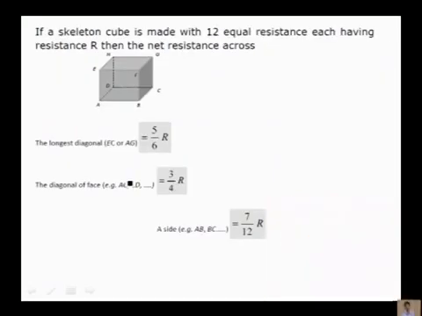Next, this is one of the most important problems. It requires a lot of steps to calculate, but here we are given a shortcut. This is a skeleton of a cube.